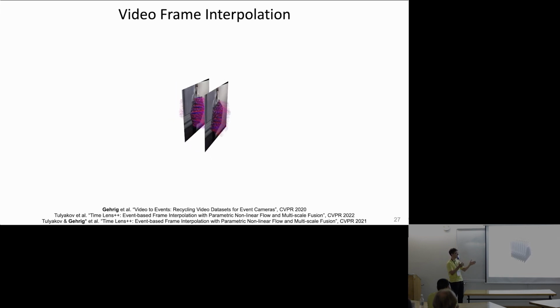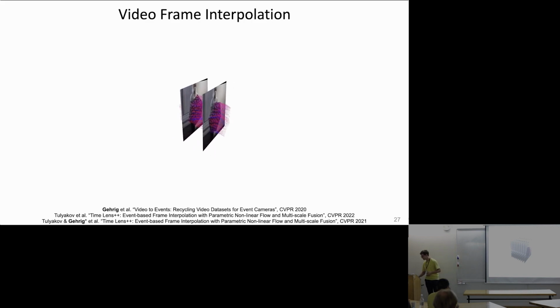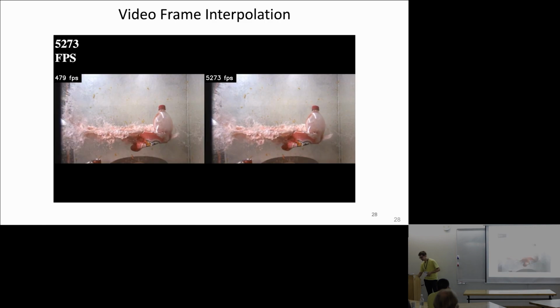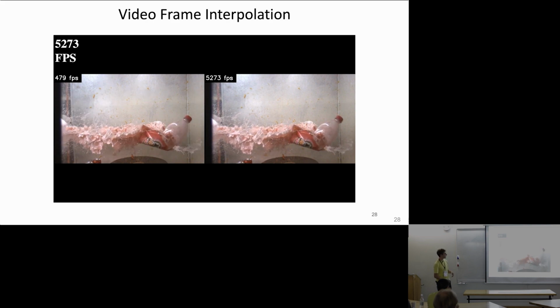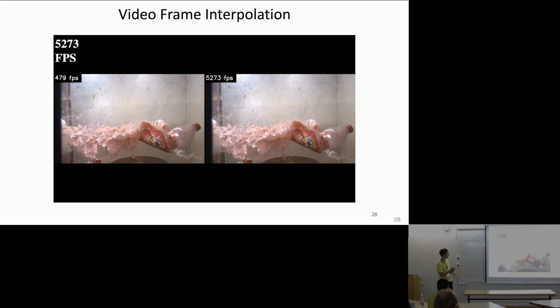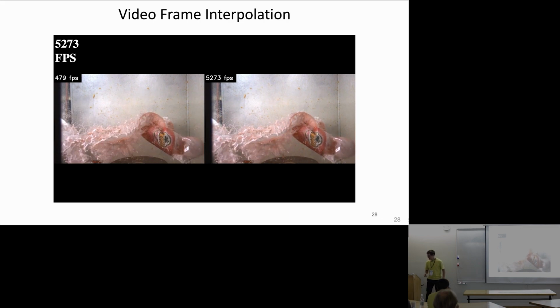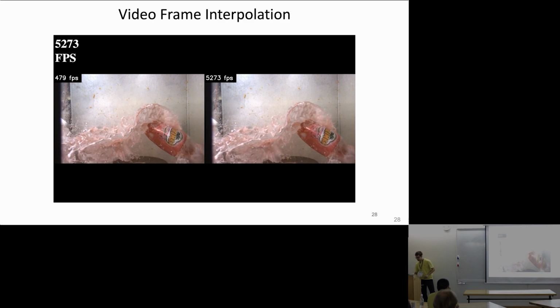We have keyframes and we try to propagate the information from these images with events to make a high-speed video. Here you see an output of this algorithm. We can capture this high-speed scenario, which we recorded with a gun shooting this bottle. This is the output of processing events and images together.